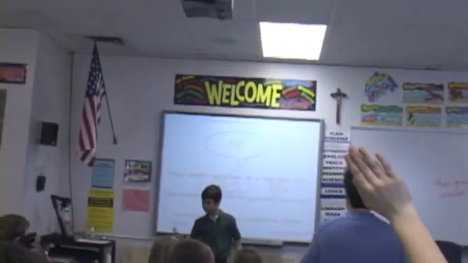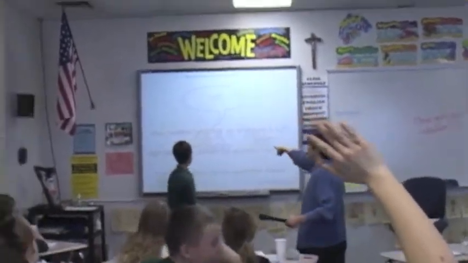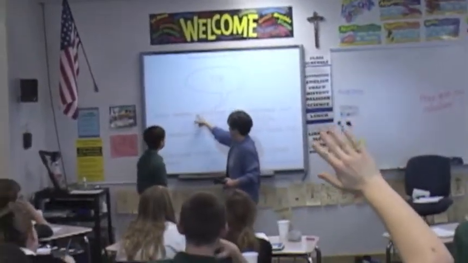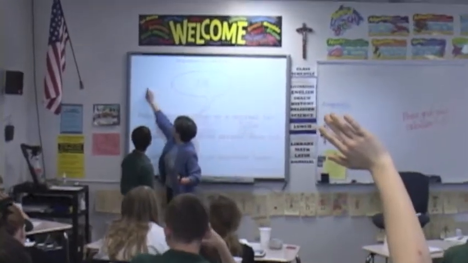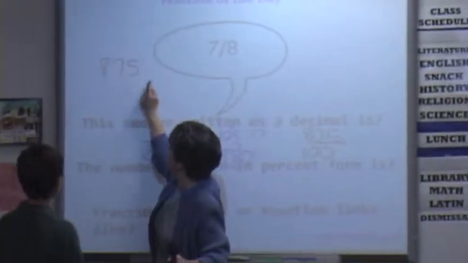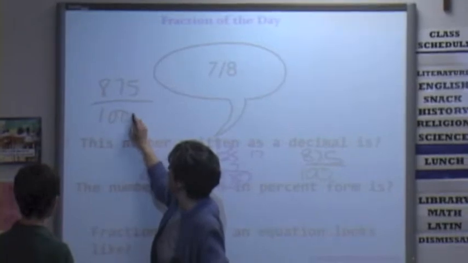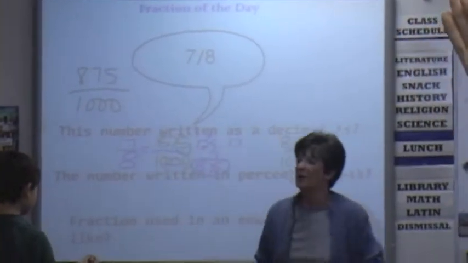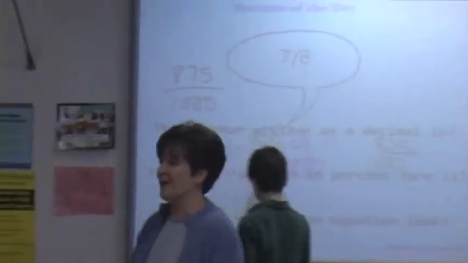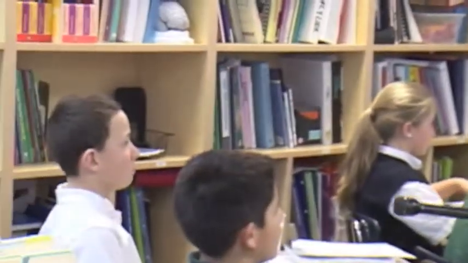Guys, stop and think. We moved too far here. Take our 875 over 1,000. Write it as a decimal. Grant, what are we going to do?